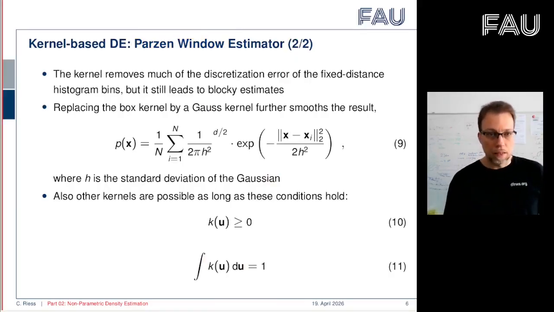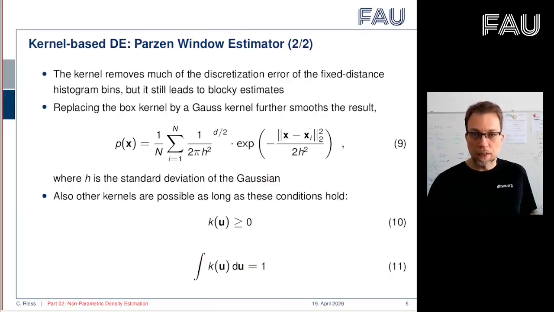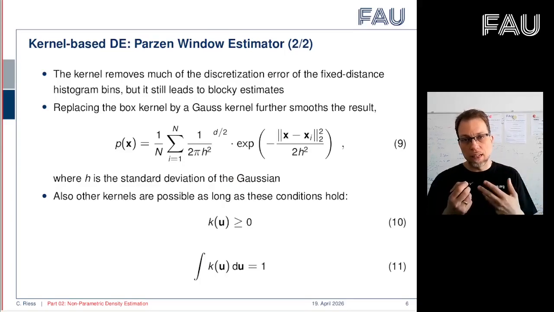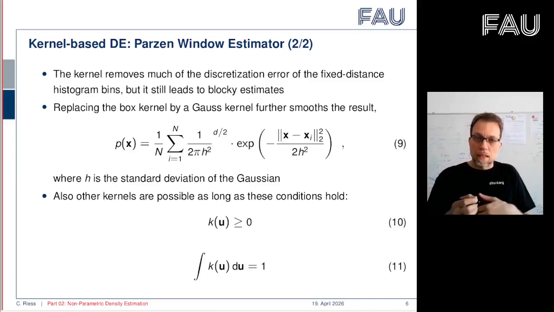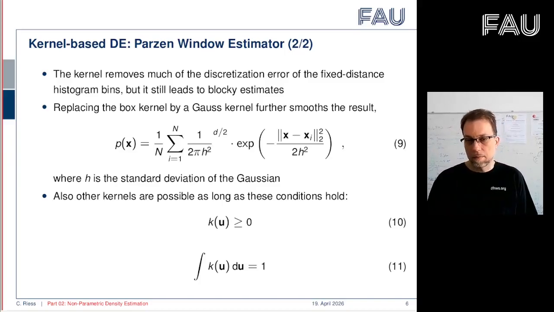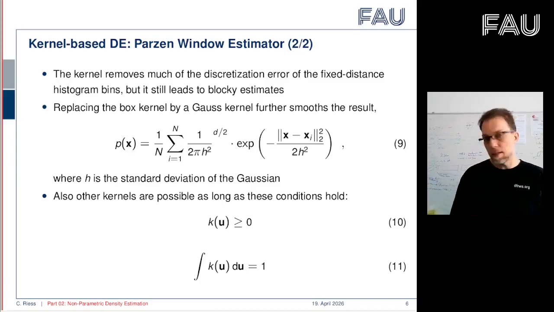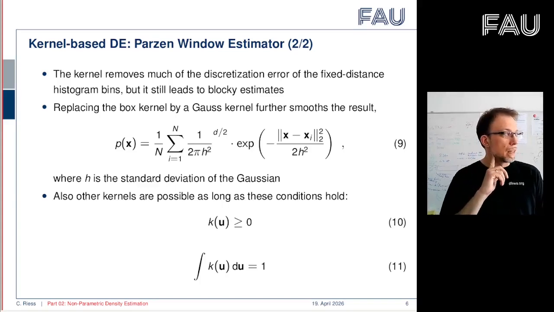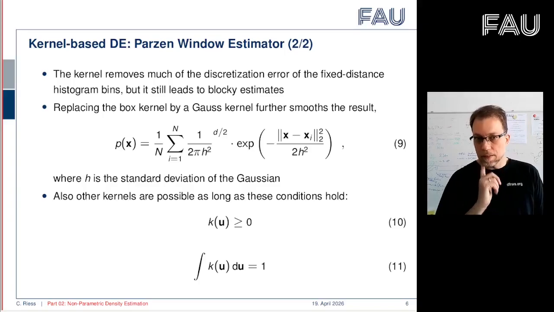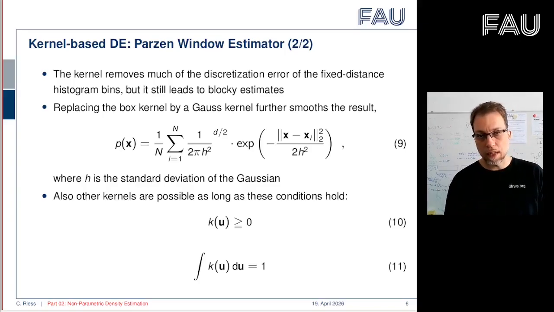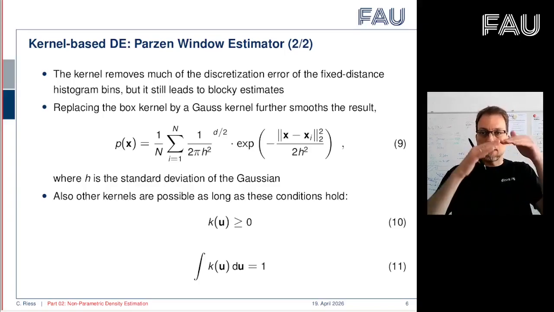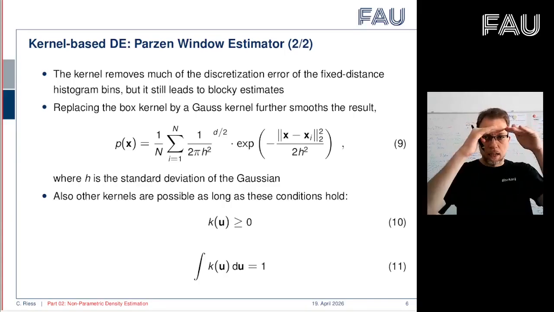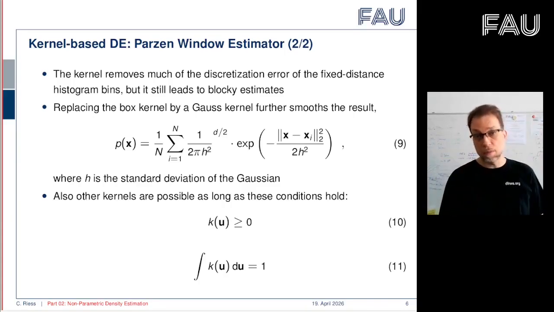So the kernel removes much of this discretization error that we see in a fixed distance histogram bin, but it can still lead to blocky estimates. If you don't want this for some reason, you can say, okay, the box kernel is rather simple, maybe I want instead a Gaussian kernel. Then instead of a box function, I have this bell function, a smoother function.